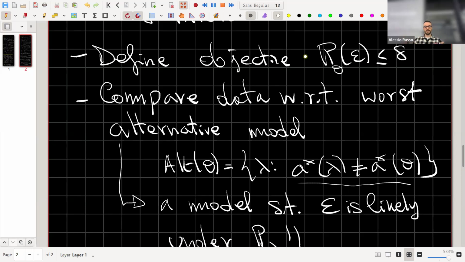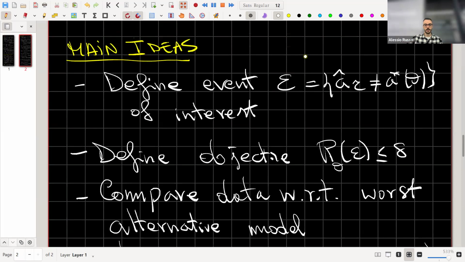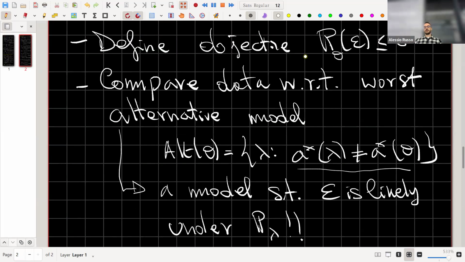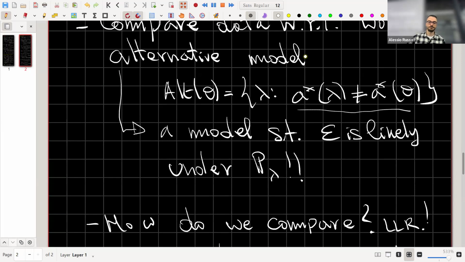If the two models have the same best arm, there is not much to test. Now, you want to test against models with a different best arm, so a different property of the event E that we defined. And you want to see if there is an alternative model that could have generated the same data. So it's a model such that this event E, the way I defined it, is likely under the alternative distribution P lambda. But how do we quantify the amount of evidence?